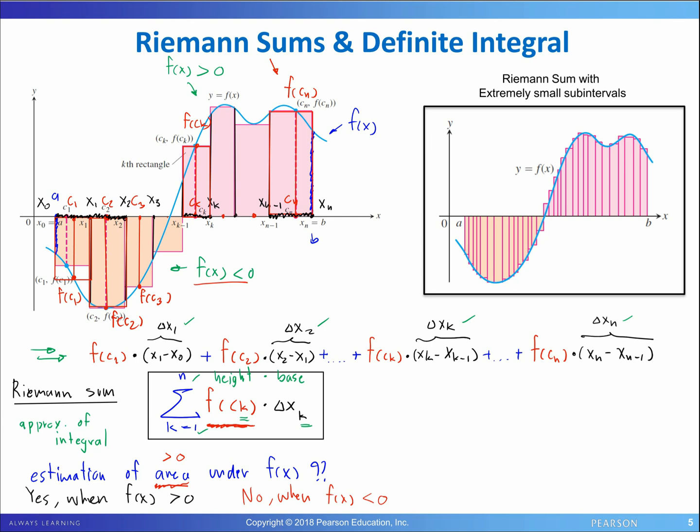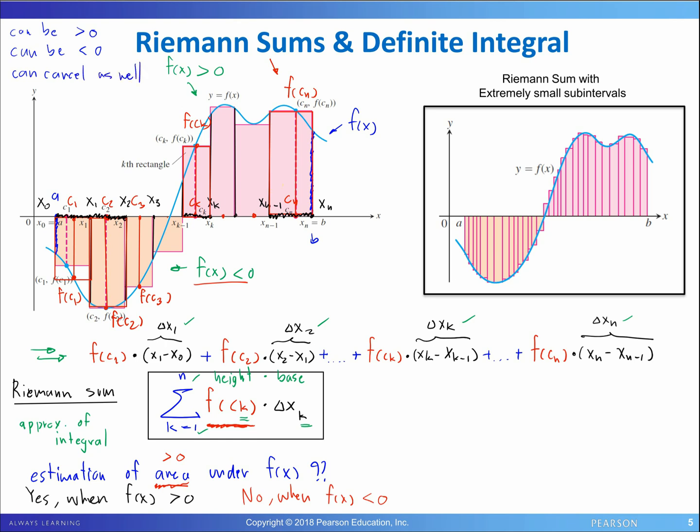The Riemann sum can be positive, can be greater than 0, and it can also be less than 0 if the function value is less than 0. And the last one, they can cancel each other, the positive part and the negative part. So make a note right here, can cancel as well.